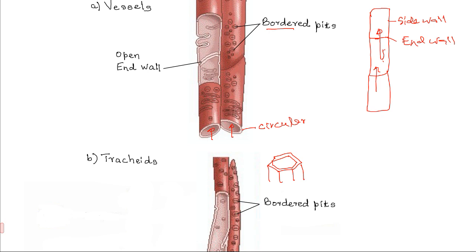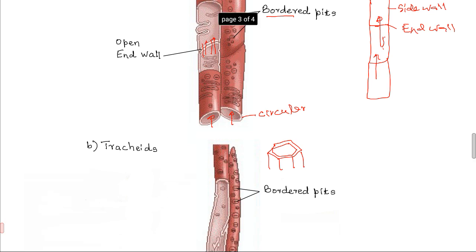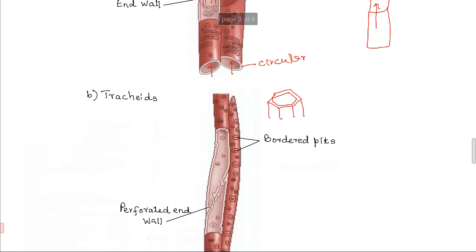Secondly, in the vessel, the end walls are completely broken down so that there is a free flow of water and mineral salts from one element to the other. But in the tracheids, the end walls are present and perforated, so water and mineral salts must pass through the pores. So this considerably slows down the rate of passage.